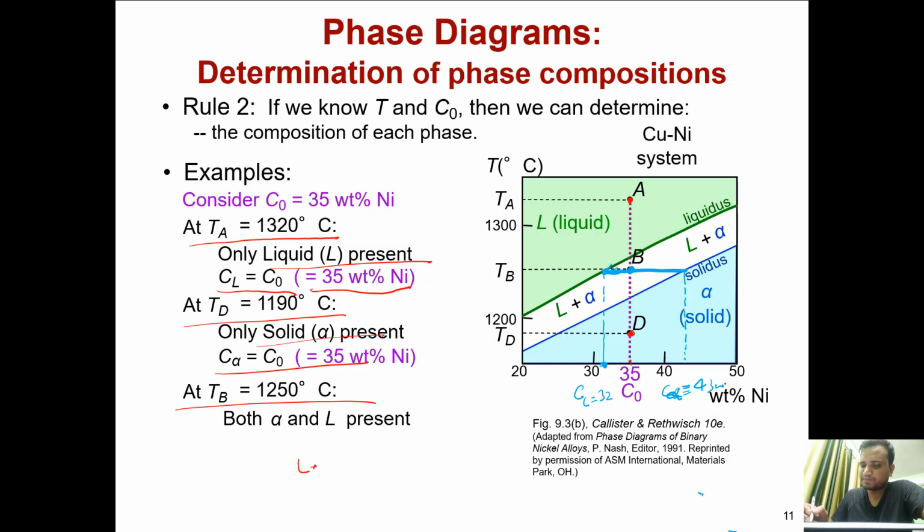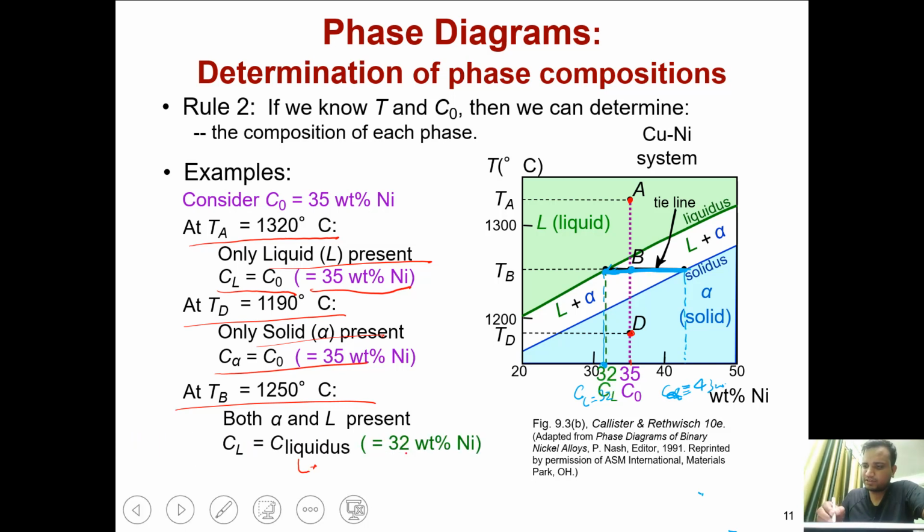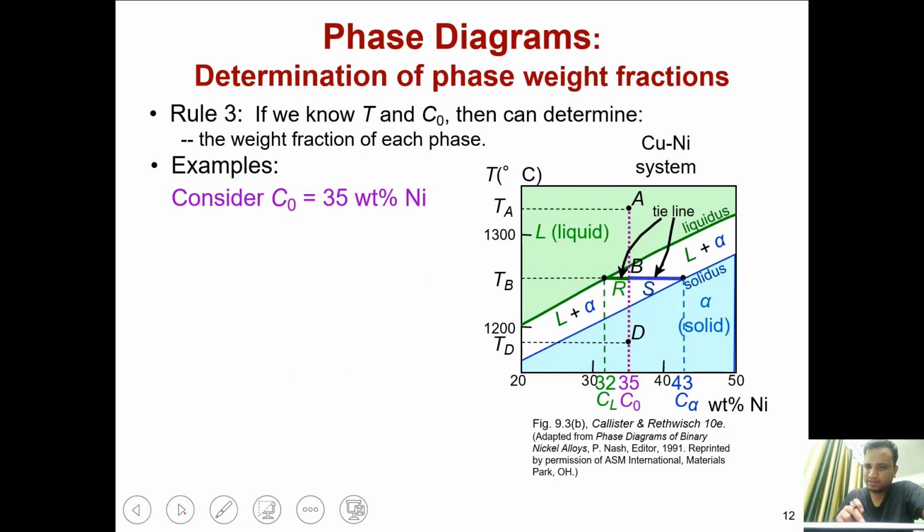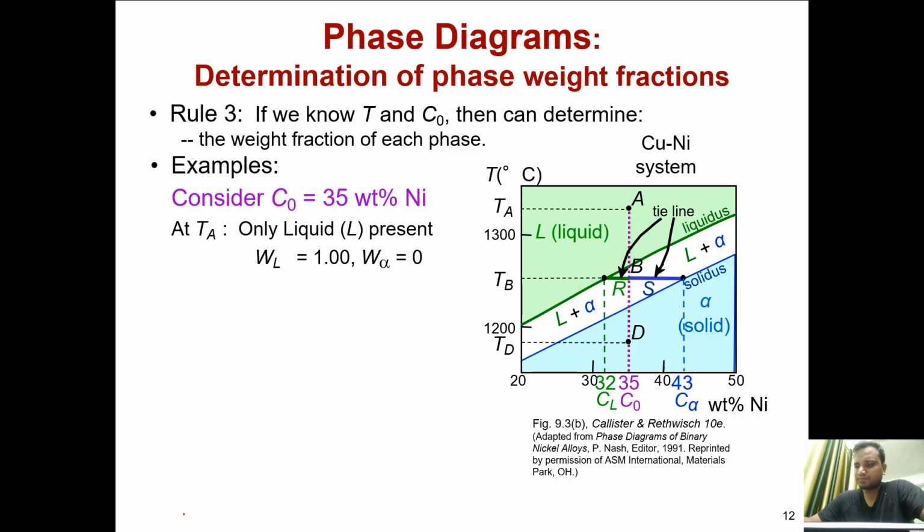Let's see what is given over here. This is the tie line, so it is around 32, and that was 43.